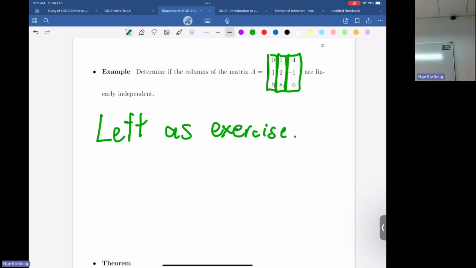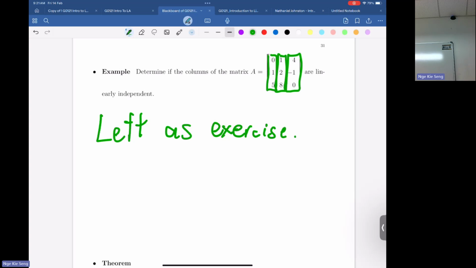So what do you expect for your C1, C2, and C3? If C1, C2, C3 have only the 0 solution, these columns are linearly independent.